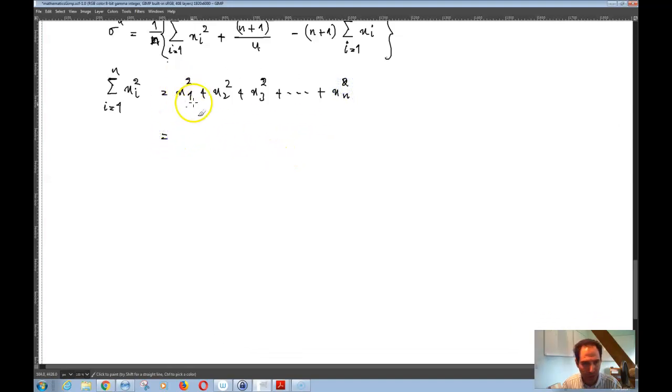And x of 1, in the case of natural numbers, is 1, so 1 squared, 2 squared, 3 squared, all the way up to n squared. Now the problem here is that this is no geometric progression, and this is no arithmetic progression. And you do need to find some way to calculate that.